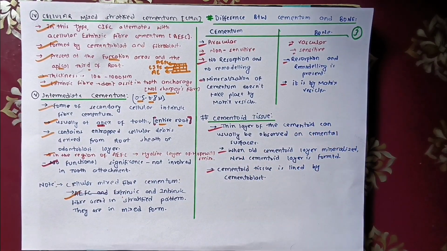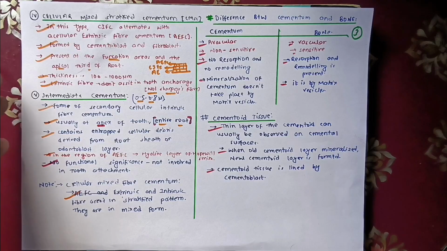So we have covered every aspect and subtopic of today's video. Among all the topics I have discussed, the main thing you should remember is the classification, Schroeder's classification, which is one of the most important topics of this chapter.